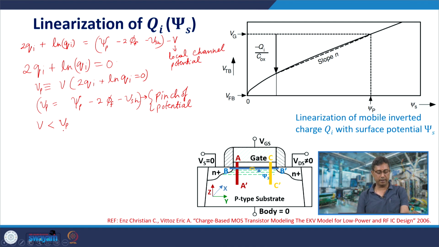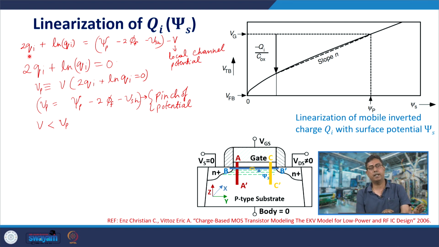So, what is happening there? There this left hand side is positive, means 2 Qi has a value which is larger than the exponent of Qi in magnitude, because exponent of Qi is negative.